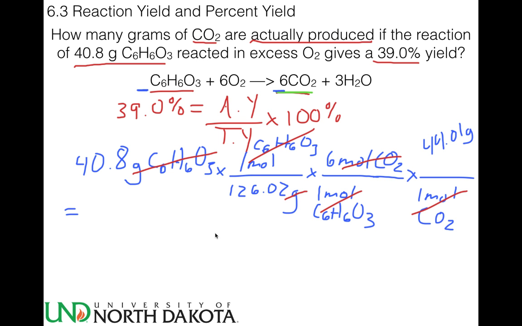Numerically, this answer equals, oh, nope, it's 85.5 grams. Taking 40.8 times 6 times 44.01 and dividing by 126.02 should give us our 85.5 grams of CO2.